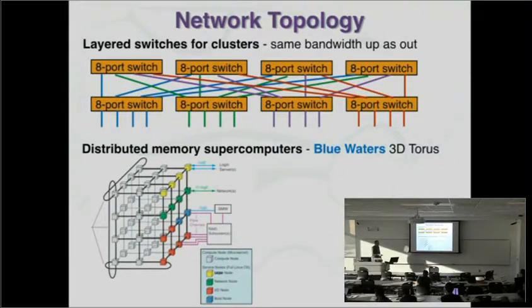A lot of these types also have the wraparound feature. So if it's on an edge, it wraps around and talks to the one on the far end. That's called a 3D torus instead of a 3D grid. So this is a picture of Blue Waters. Blue Waters is a computer at NCSA in Urbana-Champaign, a $50 million computer. I think it's got around 100,000 nodes.